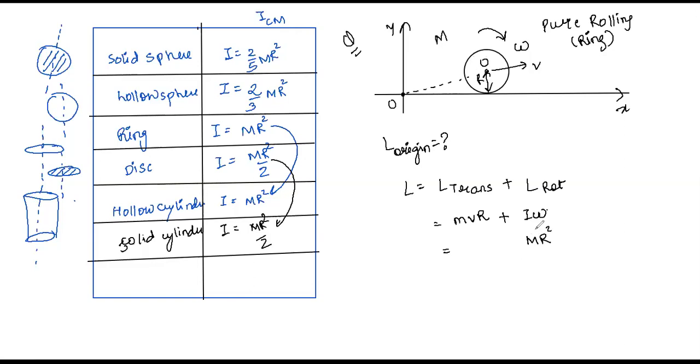Therefore, I take I is equal to MR square, that is the moment of inertia about the center axis. So MR square into omega plus MVR, and I know V is equal to R omega, right, Atul? So we have MR square omega plus MR square omega. So we get the answer as 2 MR square omega.